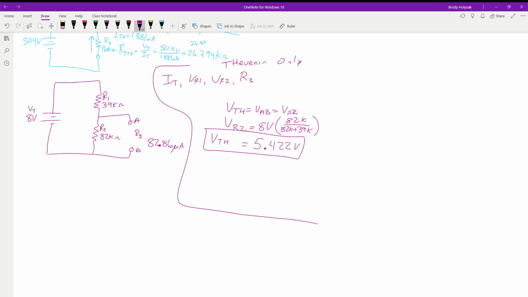So then we need to solve for our R Thevenin value. R Thevenin is the value we're going to get if we were to put a meter between A and B and measure it. And first, we short out the load.